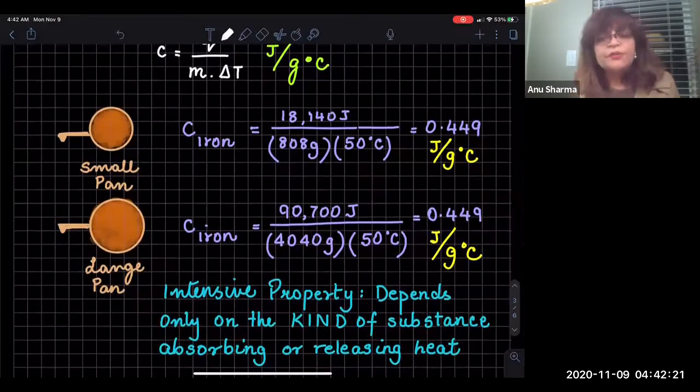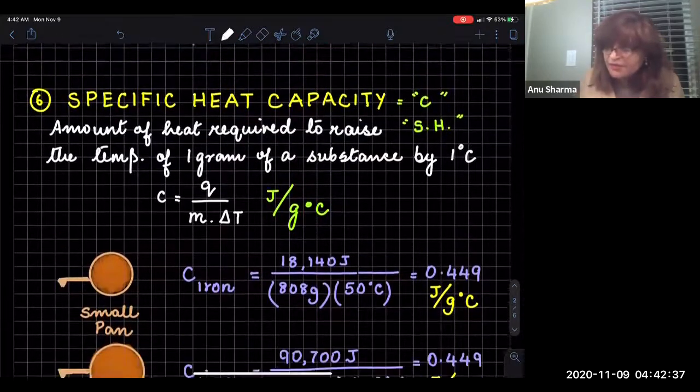An intensive property depends on the kind of substance absorbing or releasing the heat. It has nothing to do with whether it's big or small. It is the nature, what it is made up of. That is specific heat, which is why the name says specific heat.